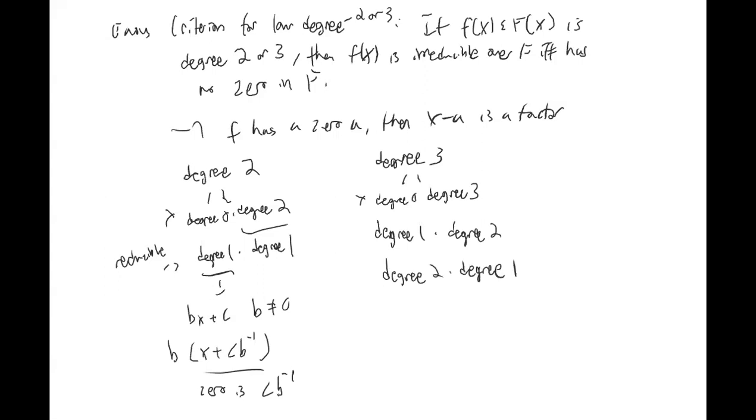In either case, these are the cases where you are reducible, and in either case you have a degree 1 factor, in which case you have a 0. Now in degree 4 and higher, it's possible to have no zeros and still be reducible, because you can split into degree 2 times degree 2.